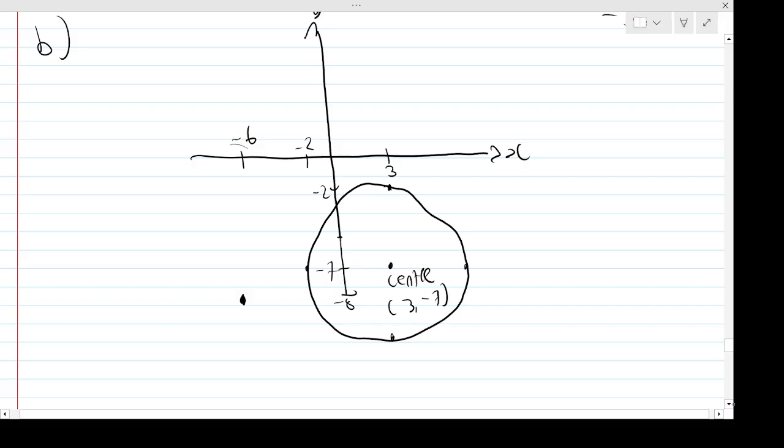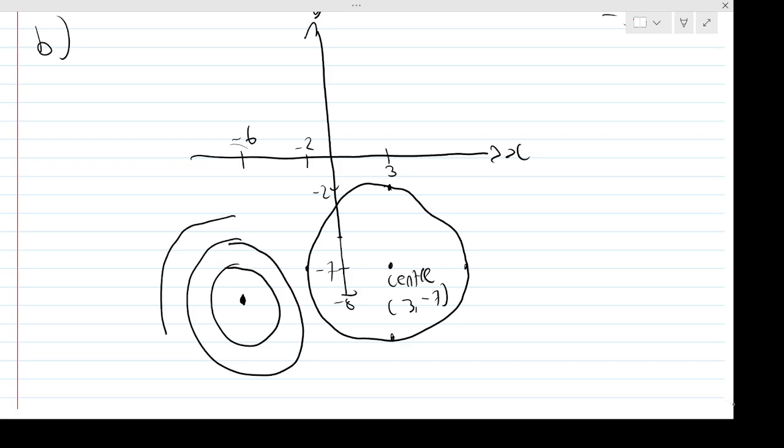So again, what we can consider here is what happens when we just increase the radius. Say we start here, then the radius goes up and goes up again, and eventually it will start to touch the circle. You can see that there.